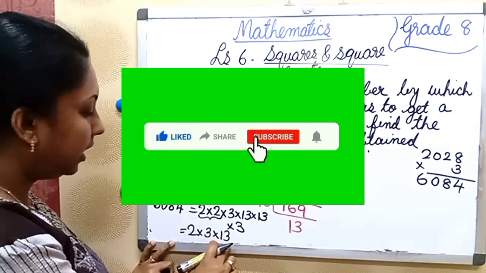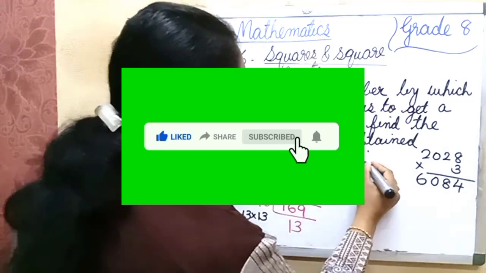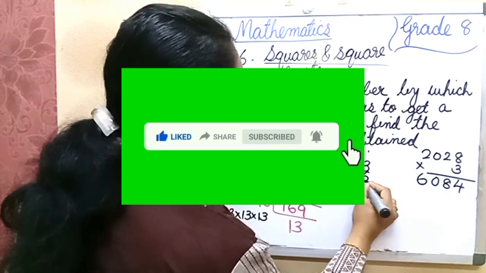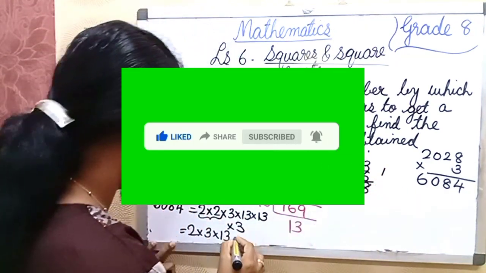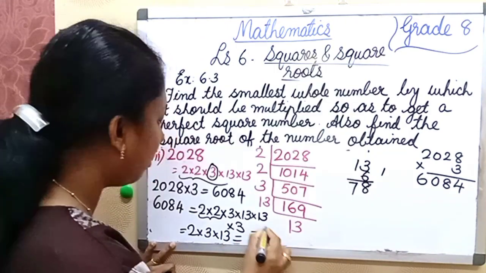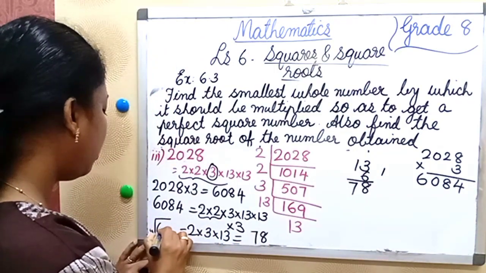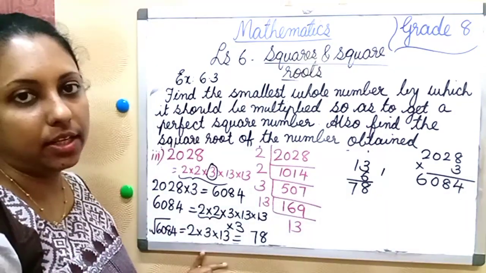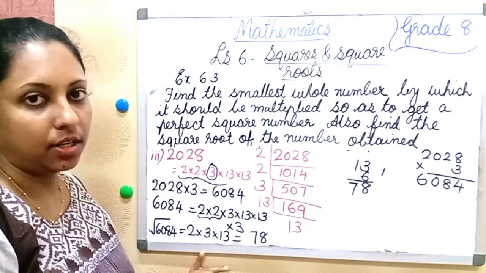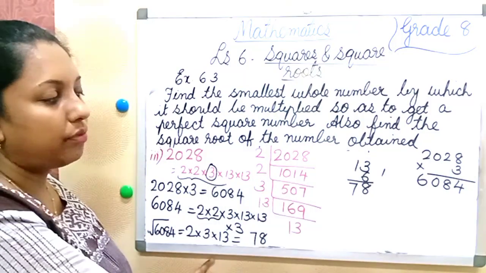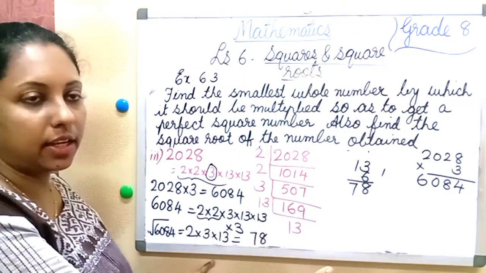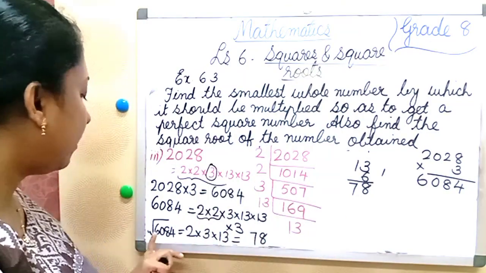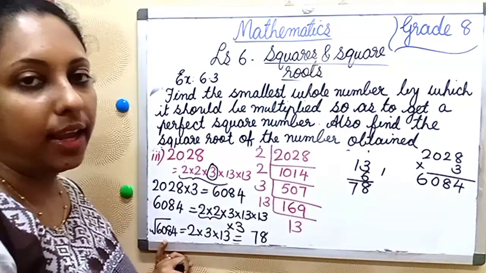So 13 into 6 is 78. So square root of 6084 is equal to 78. Understood? No need to factorize again and again. So 78 into 78 is 6084.